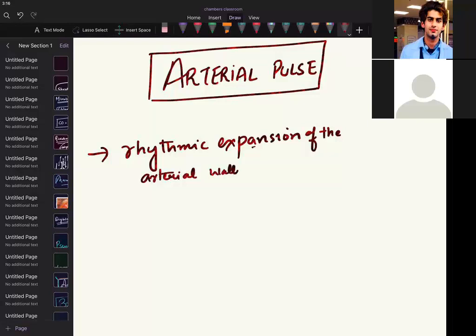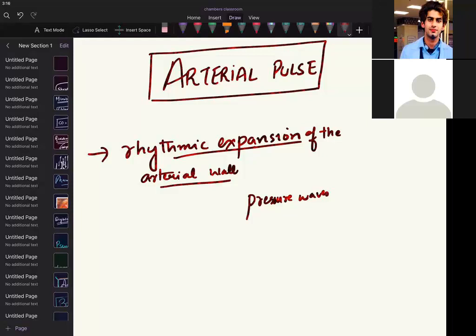Okay, why is rhythmic expansion of the arterial wall happening? It's because some pressure waves are being transmitted to these walls, isn't it? Pressure waves are being conveyed to these walls. That's why they are showing us a rhythmic expansion.